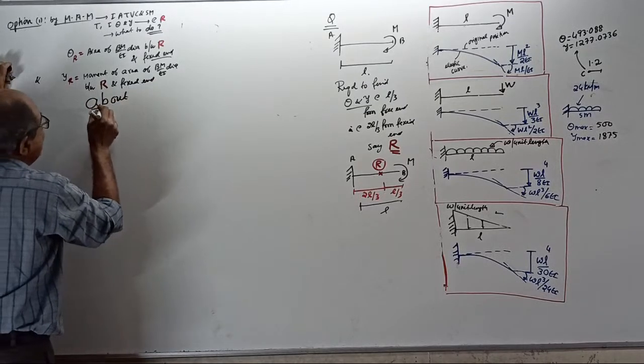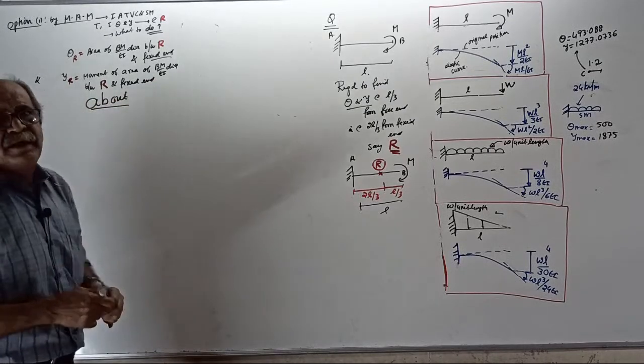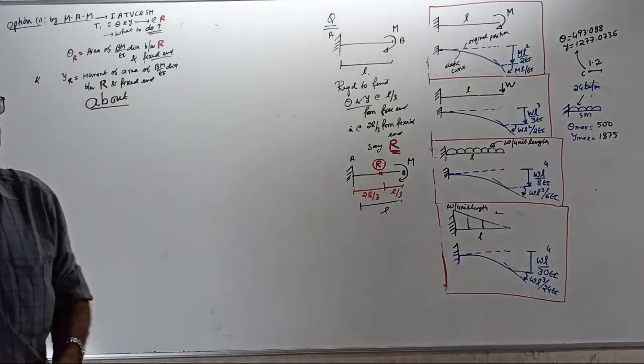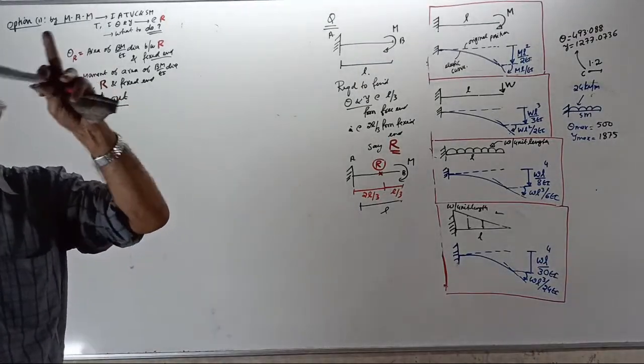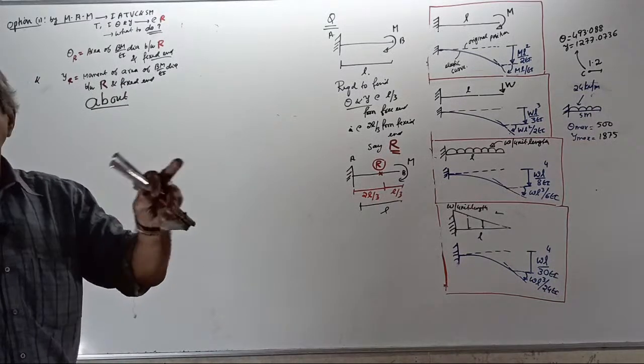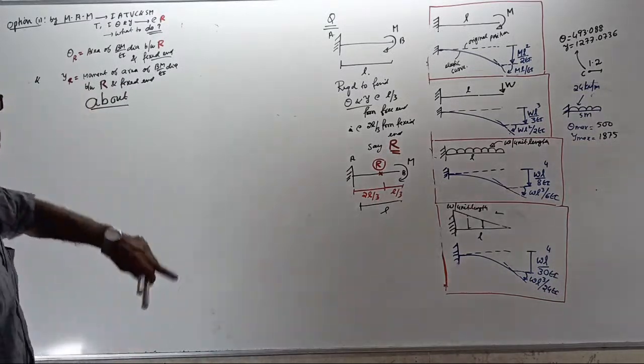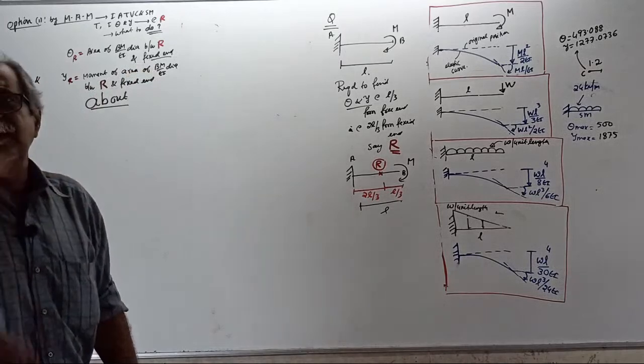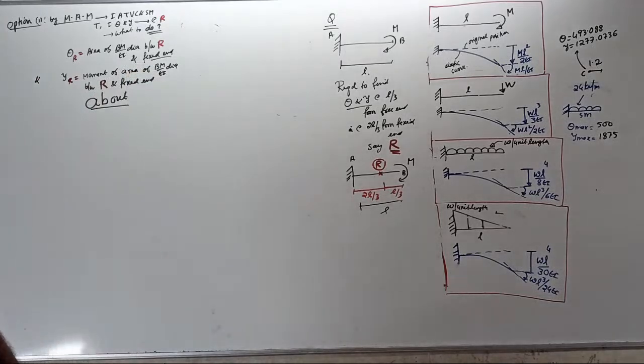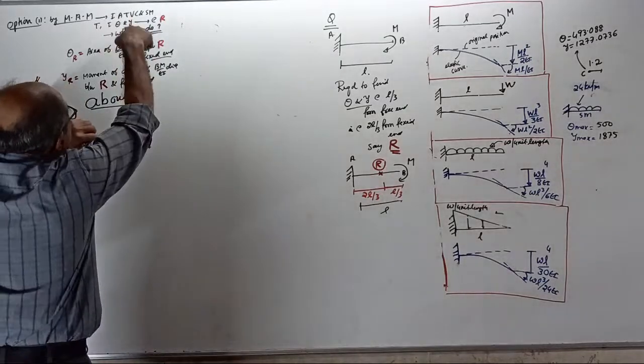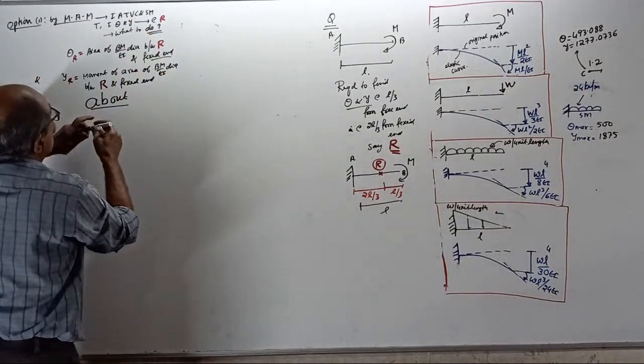That moment about which point? Tell me fast. In the first explanation, by mistake, I wrote a statement. I was insisting on fixed end, then I corrected it. It is now a print mistake. Moment about R. Moment about that point where you want slope and deflection.